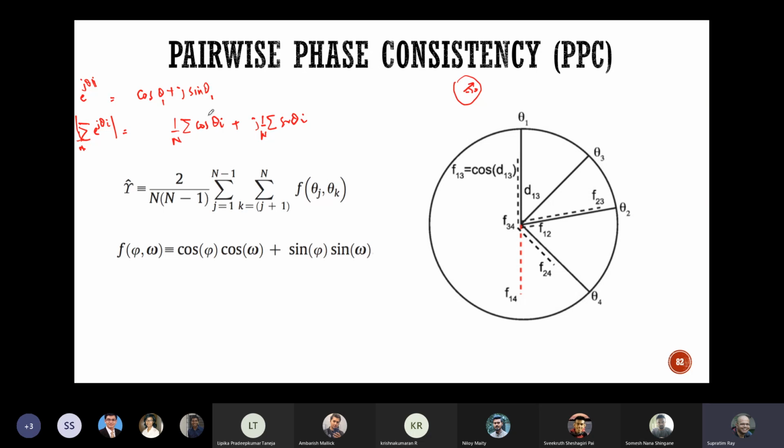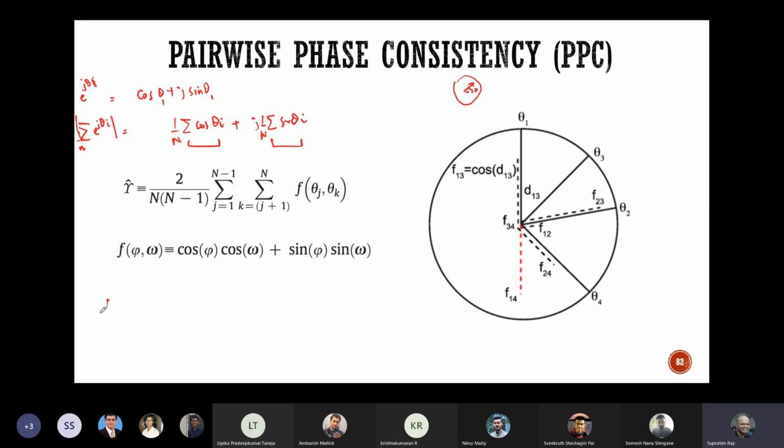So when I take the magnitude of this, what do I get? I'll take the square here. It's just the square of this term plus the square of this term, and then you take the root, right? Because you have a j here. The magnitude is just this square plus that square and the root.